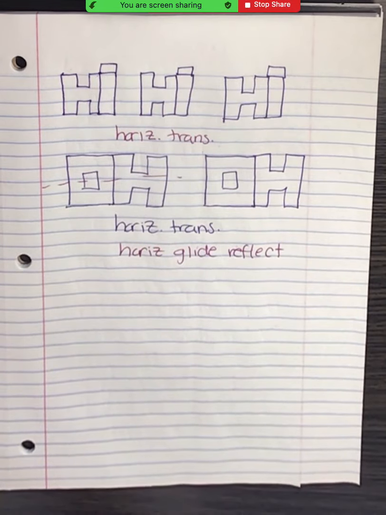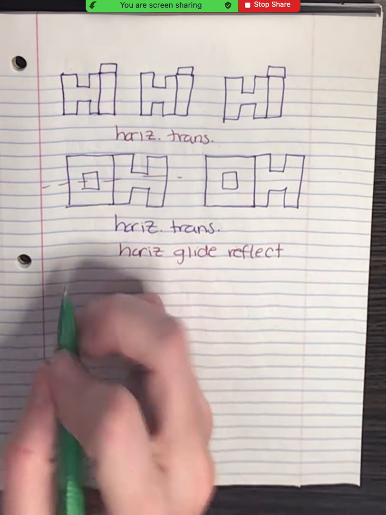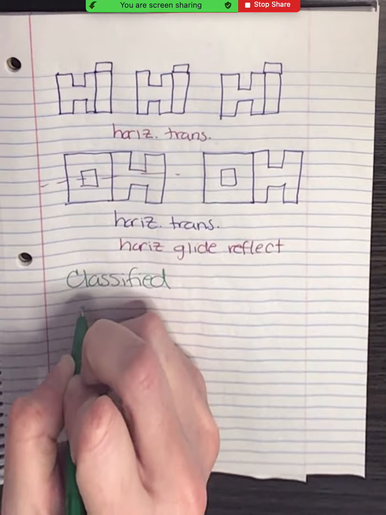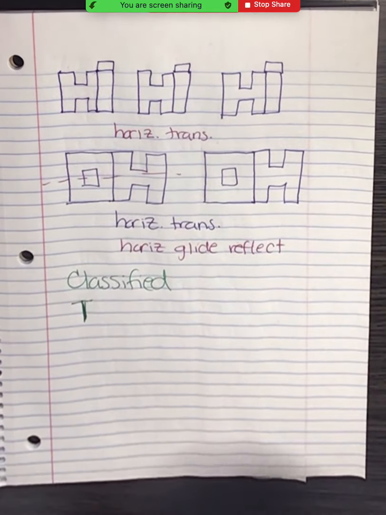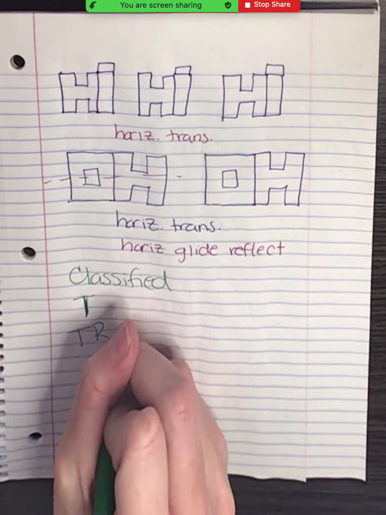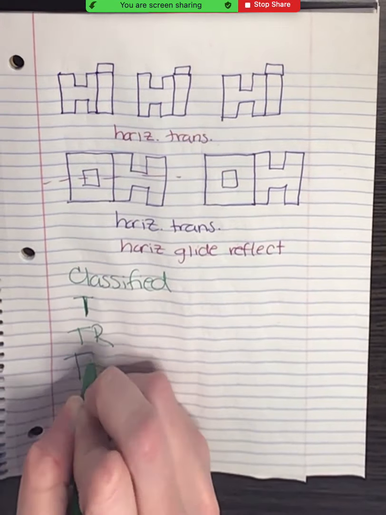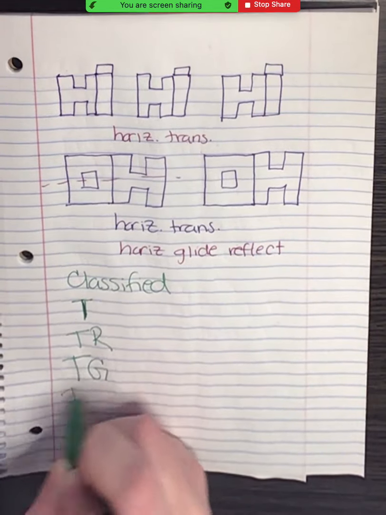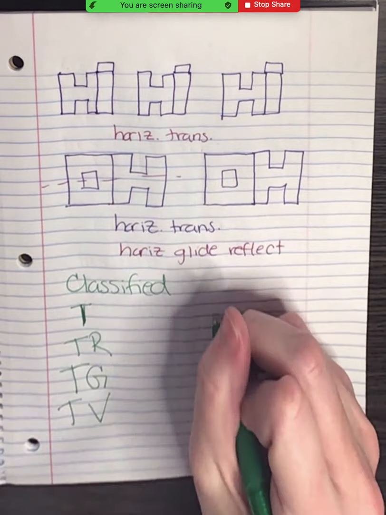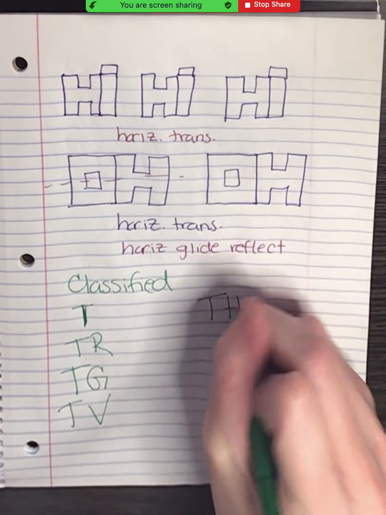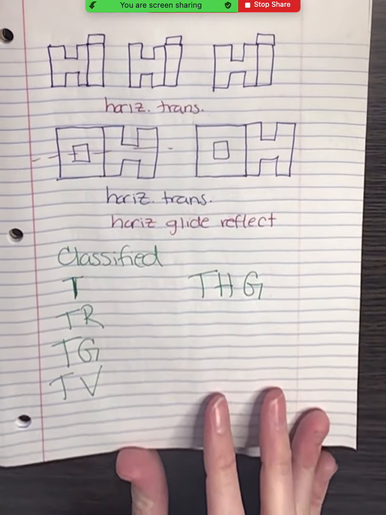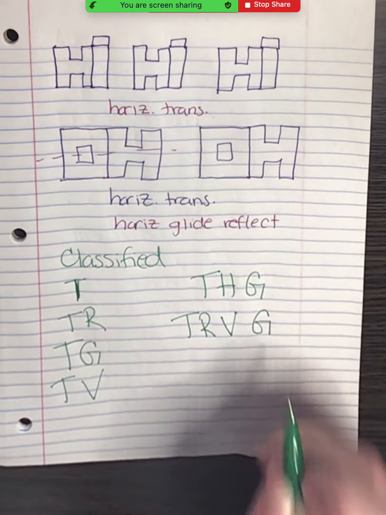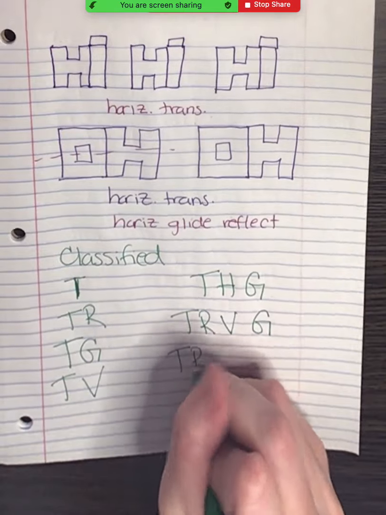So frieze patterns can be classified in one of the following ways. They can just be a translation. Okay? There can be a translation and a rotation of 180, translation and a horizontal glide reflection, translation and a vertical line reflection, a translation, horizontal line reflection, and a horizontal glide reflection, translation, rotation, vertical line reflection, horizontal glide reflection, or all of them.